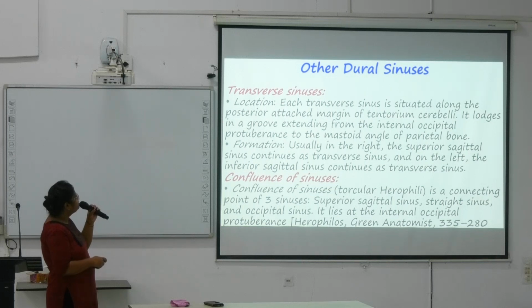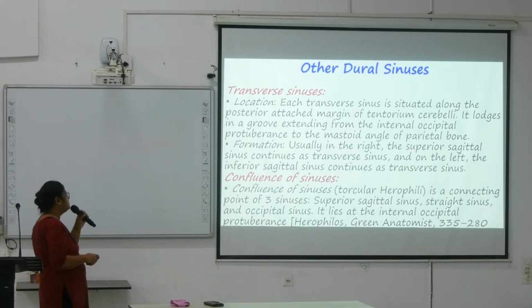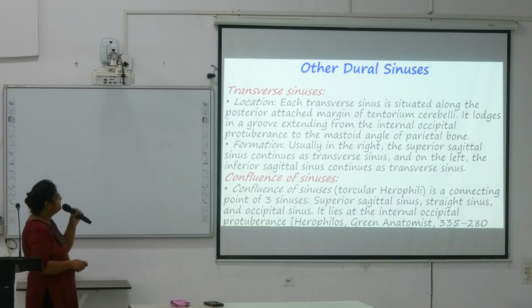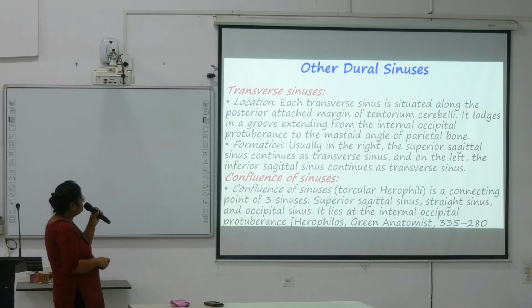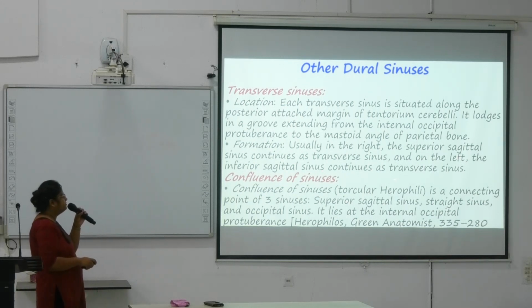It lies in a groove extending from the internal occipital protuberance to the mastoid angle of the parietal bone. Formation: usually on the right side, the superior sagittal sinus continues as the transverse sinus, and on the left side, the straight sinus continues as the transverse sinus.